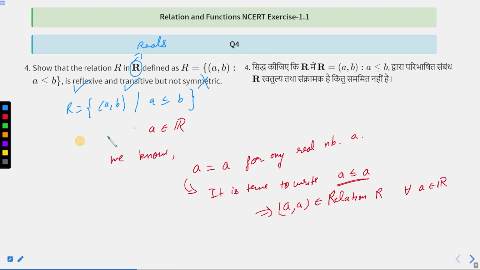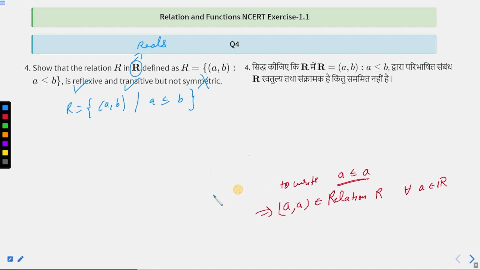Now for the symmetric relation, how are we going to show that it is not symmetric?